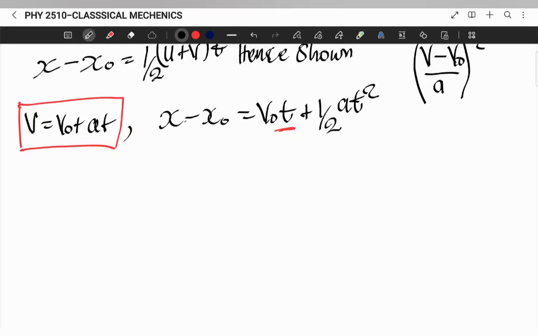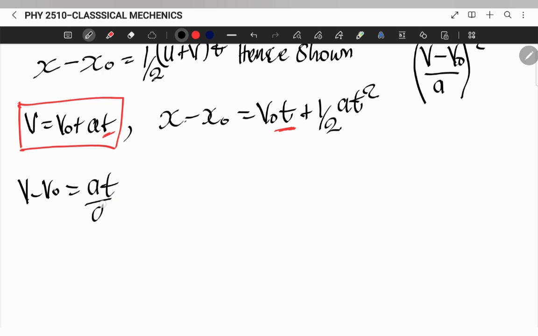To derive the fourth equation, we are going to begin from what we know from these two principal equations. We are going to solve for t, making t the subject of the formula. So v minus v naught is equal to at.